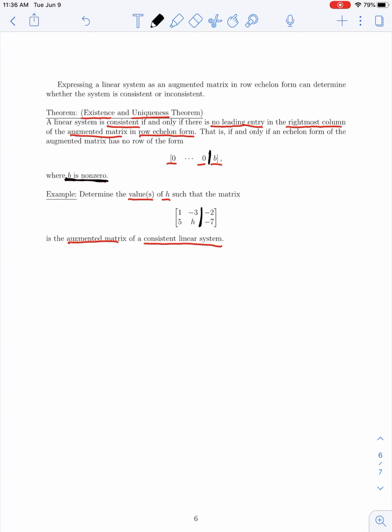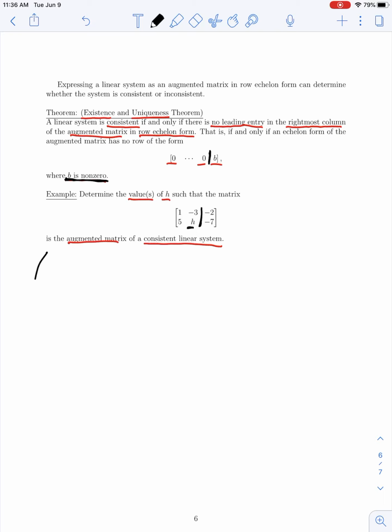So here we want to know what should the value of this constant h be in that bottom right entry in order for this system to be consistent, for a solution to exist.